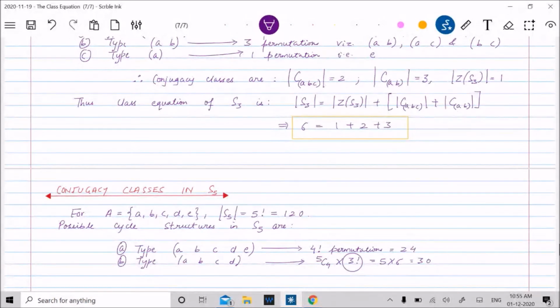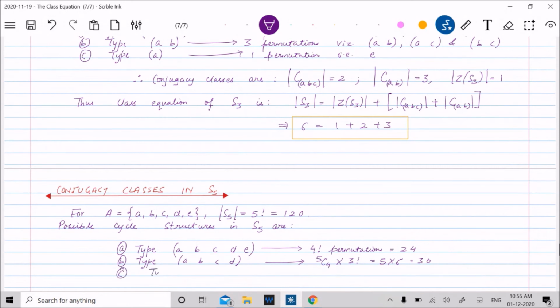First, you have to select 4 symbols out of 5 symbols, which can be done in 5C4 ways. Then out of those selected 4 elements, you arrange them in a circular table, because it's a cycle. That's why I'm always talking about a circular table. That can be done in 3 factorial ways. So the total number of permutations is 30, right?